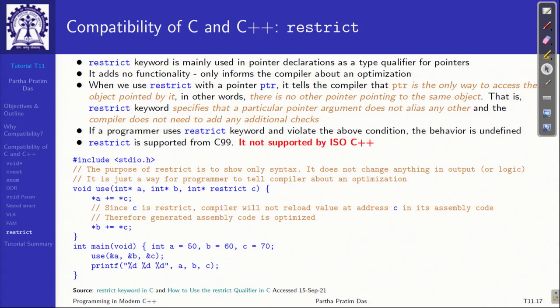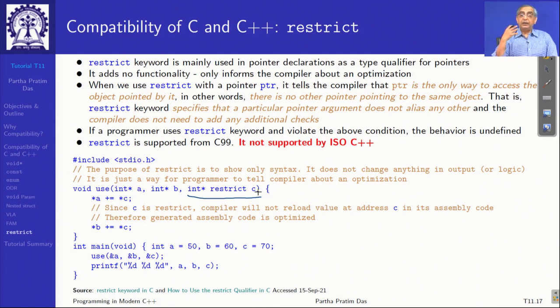Restrict was provided in C to ensure uniqueness of pointers. So, you say that a pointer is restrict, which means you are trying to say that it points to an object which is not pointed to by anyone else. If I say int *restrict c, then I am saying that c is a pointer to an object which is not pointed to by anyone else. So, naturally things become much easier for the compiler, because it does not have to look at the possibility of that value getting changed by someone else and so on.